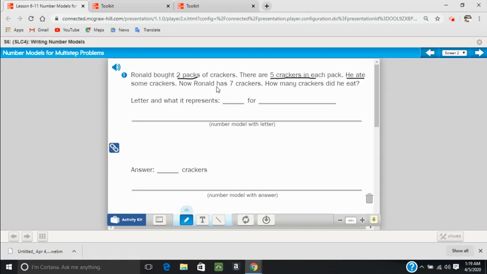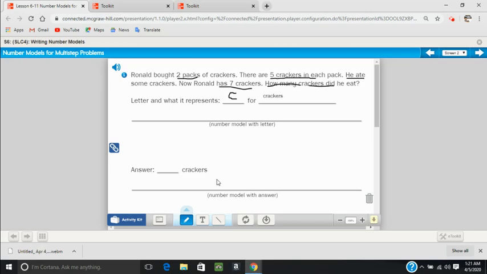And now Ronald has 7 crackers. And the question is, how many crackers did he eat? Well, let's pick a letter to replace that question mark that we started with. In this case, since we're talking about crackers, let's replace it with C. And the C stands for crackers.